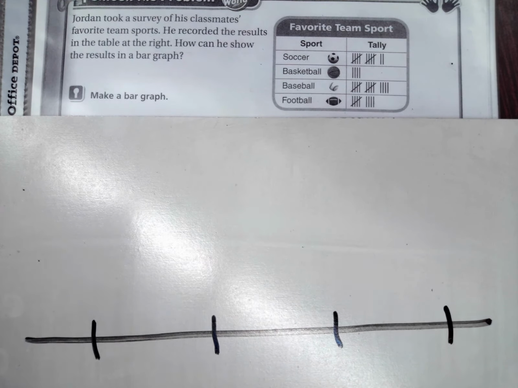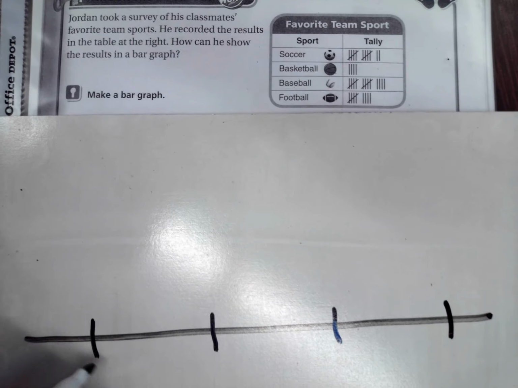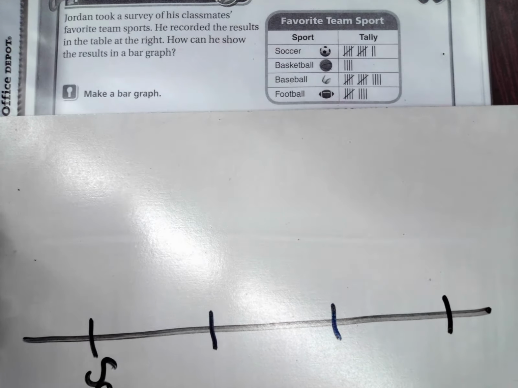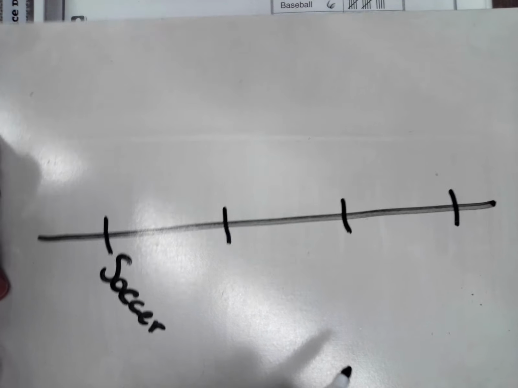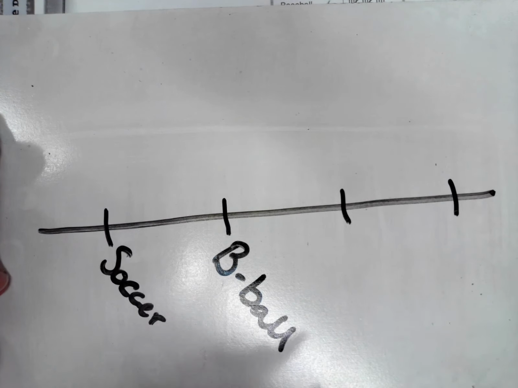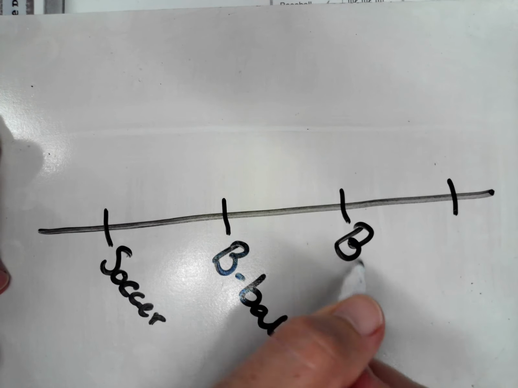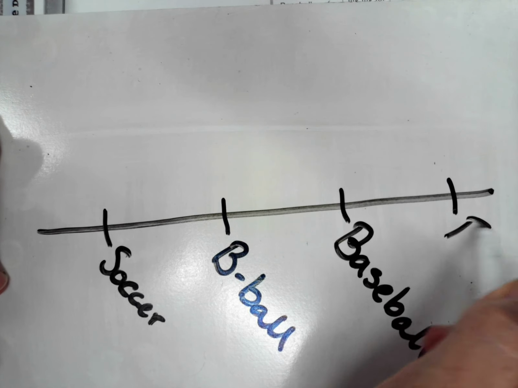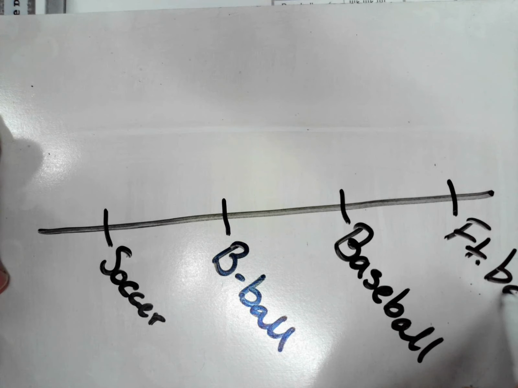And it doesn't have to be perfect. So I'm going to have soccer. Then I'll have basketball. I'll have baseball and football.